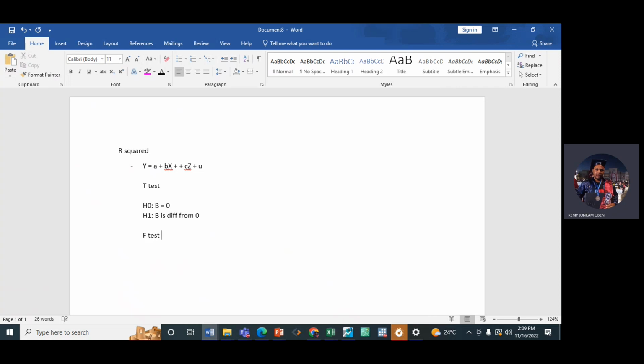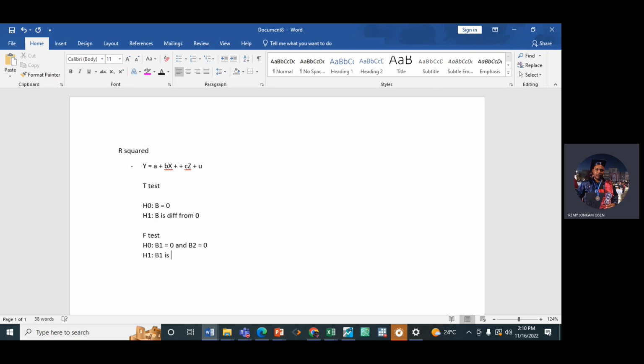For the F test, what's the null hypothesis? Of course, we have here, by the way, this can be beta 1, and this is beta 2. So we have here beta 1 equal 0 and beta 2 equal 0. That's the null hypothesis. And what's the alternative hypothesis?